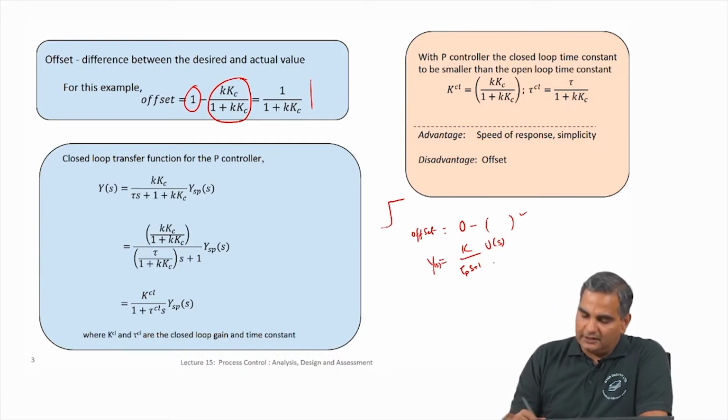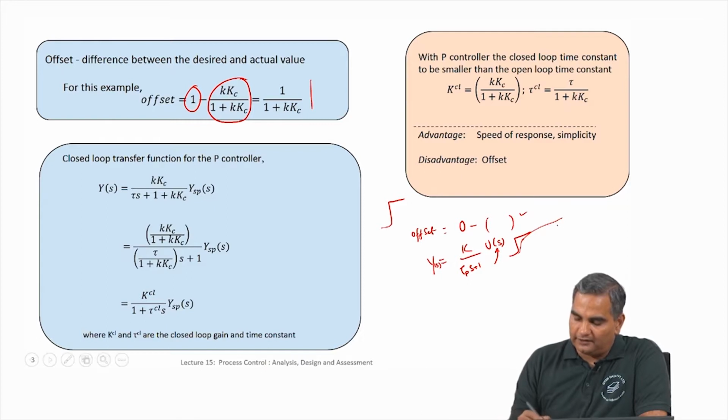If I give a step to this, then y will follow and get to some value, but it is going to take its time, and the time it takes is the time constant. So, this is what is called an open loop time constant.